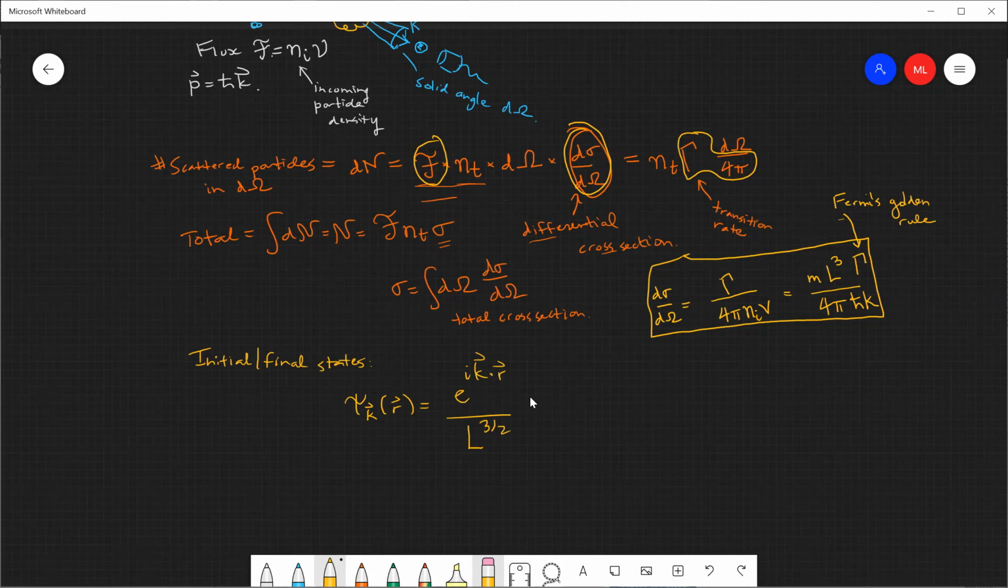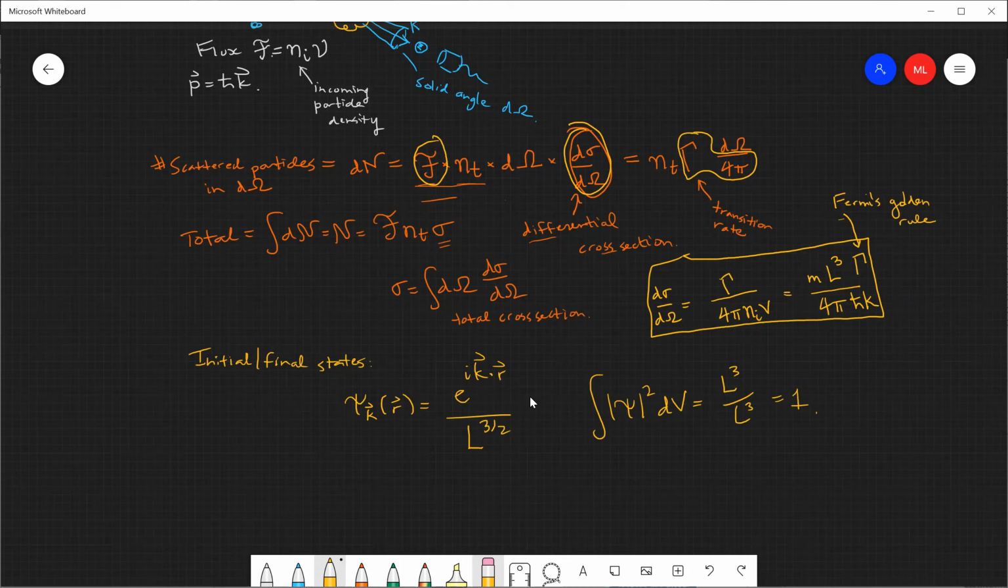When you take the magnitude of psi squared, the phase factor goes away, and you integrate over the volume, you just get L cubed over L cubed, which is 1. So that's a typical normalization used in scattering problems.